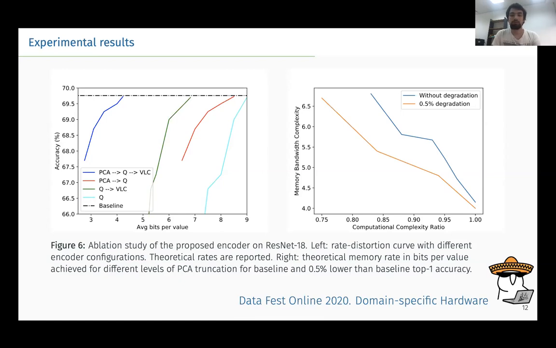And we also took a look at whether we can truncate PCA, since the later components of PCA contain a very low amount of information. The one thing you can do is just drop them altogether and forget about them. This will also reduce the computational complexity, because inverse PCA and forward PCA are now smaller matrices.